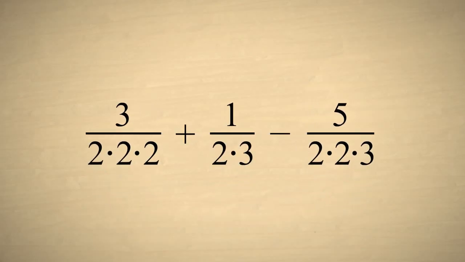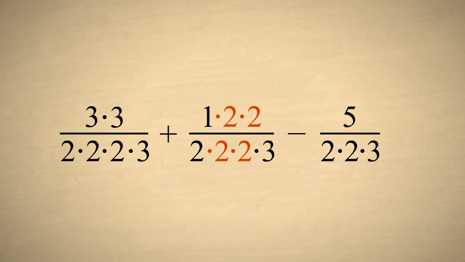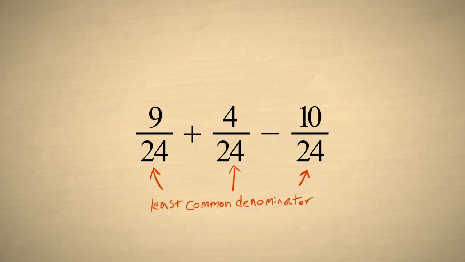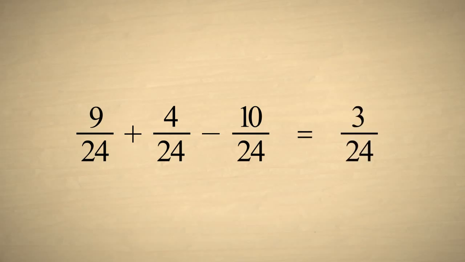We can see that to make these denominators the same, we need to add a factor of 3 to the first denominator, 2 factors of 2 to the second denominator, and 1 factor of 2 to the third denominator. This gives us a least common denominator of 24 and a total of 3/24.